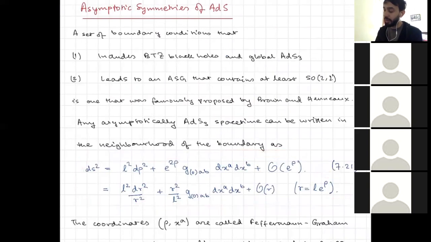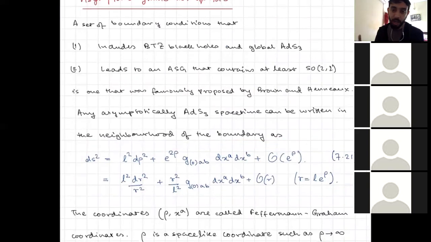These are called Fefferman-Graham coordinates, and the Brown-Henneaux boundary condition amounts to fixing g0_AB as being flat. So it's sort of like fixing Dirichlet boundary conditions of the metric. You fix it not to fluctuate at the boundary.